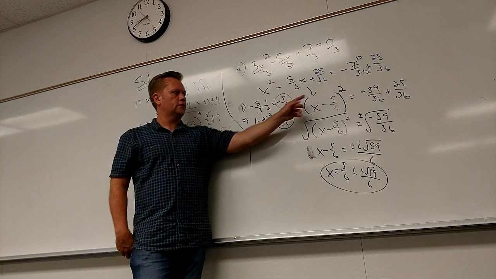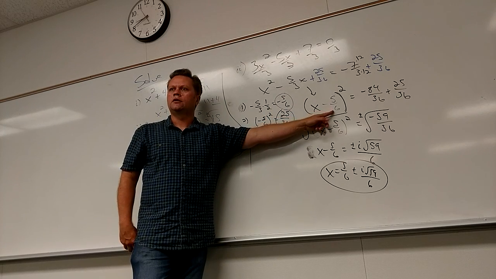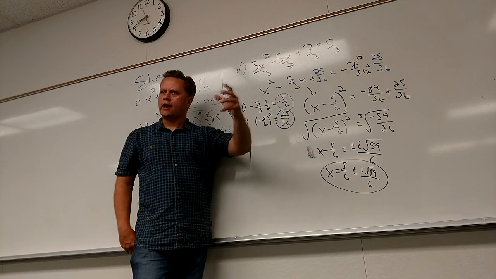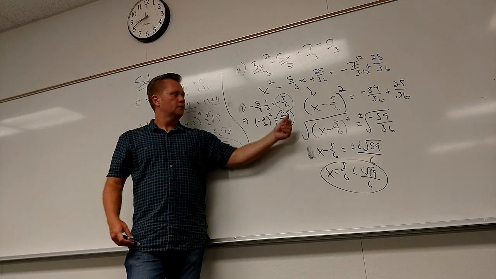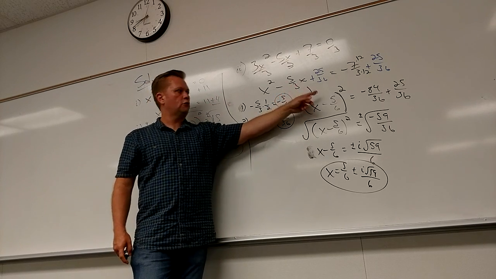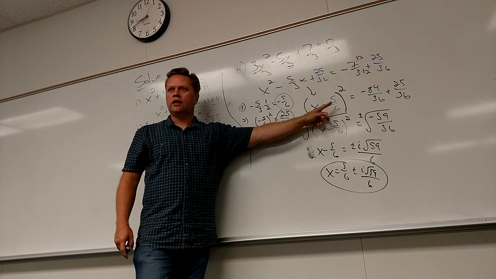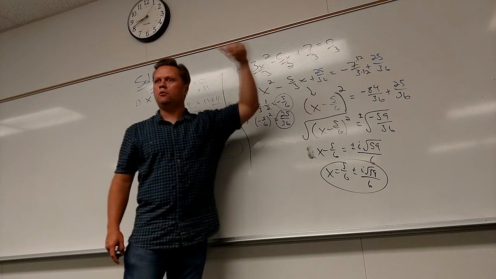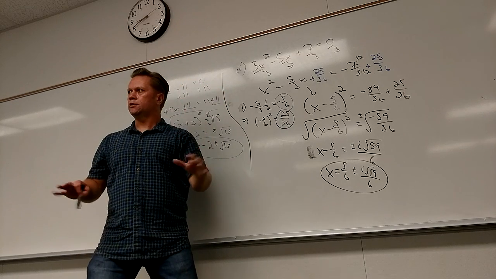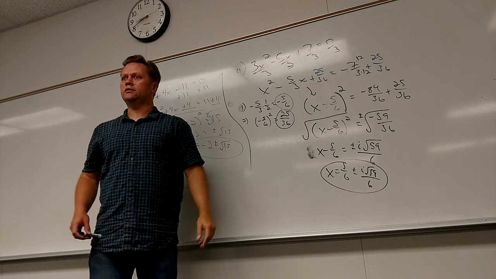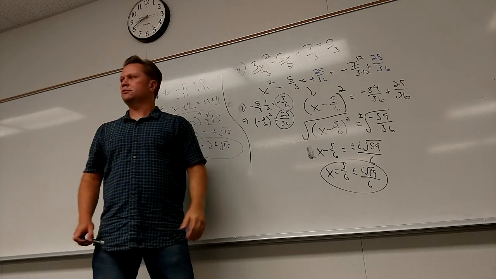Negative 5/6, so that's exactly what goes in here. Why? Because that's the pattern we observe to create this process. Whatever the middle thing is, half of it is what was here, and then that squared is what must have been there to make it work. That's the process. It works the same way no matter what the thing in the middle is. If I put a letter here, it works the same way, which we're going to look at in a minute.